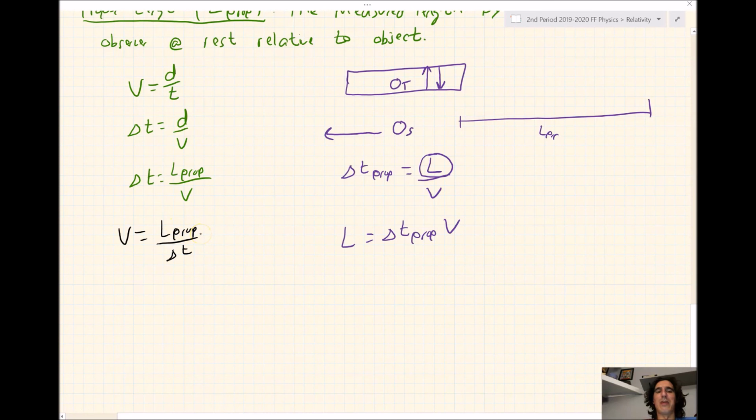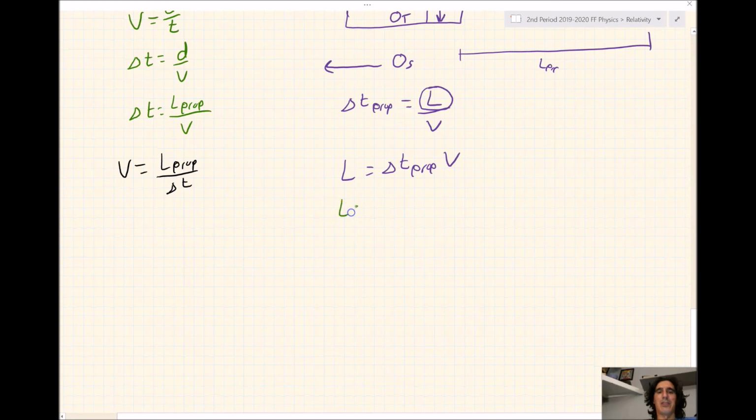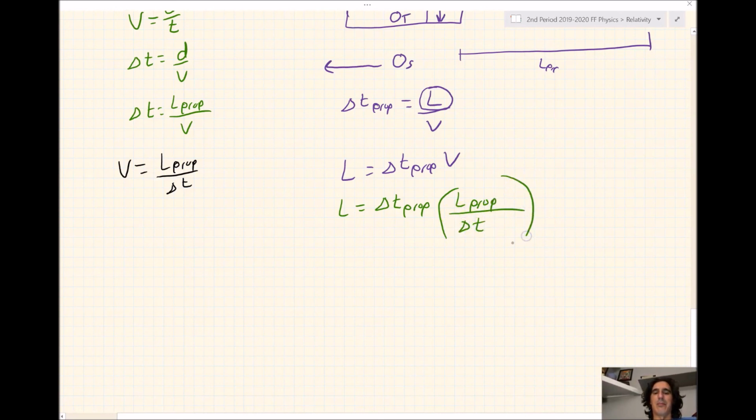Wherever we see a V, let's plug in proper length over delta t. That leaves us with L equals the change in proper time times V, which is the proper length, all over the dilated time.